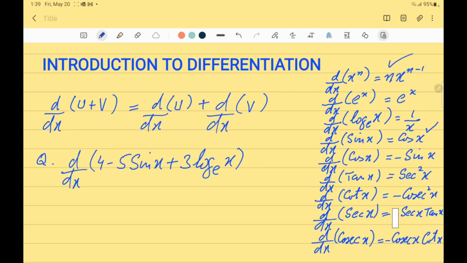This example is even in extended form where we have three functions. We can call them like 4 is the first one, minus 5 sin x is the second one, and plus 3 log of x with the base e is the third one.